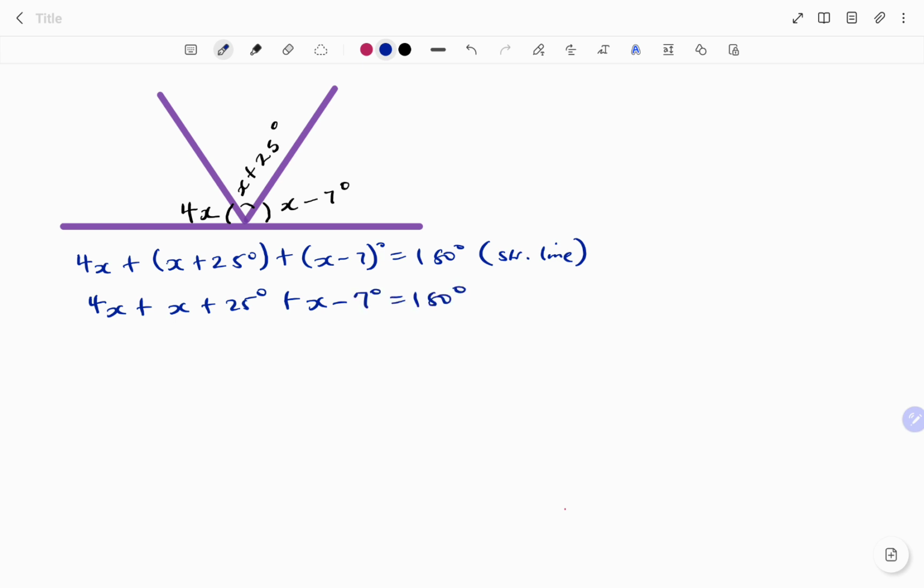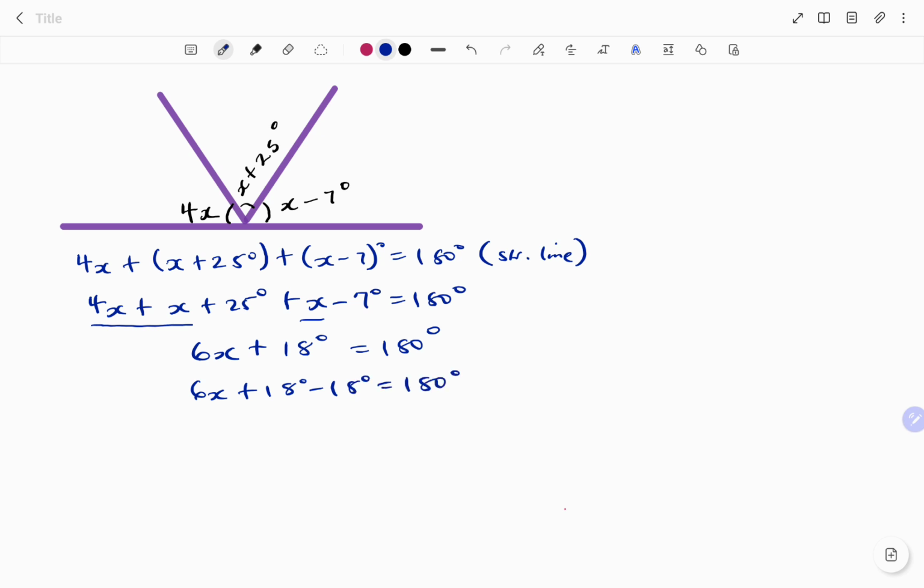If I collect like terms, I have 4x plus x plus x, that is 6x, plus 25 minus 7, plus 18 degrees, equals 180. Using the balance method, I take out 18 degrees because it's plus 18. I'm going to subtract 18 from both sides.